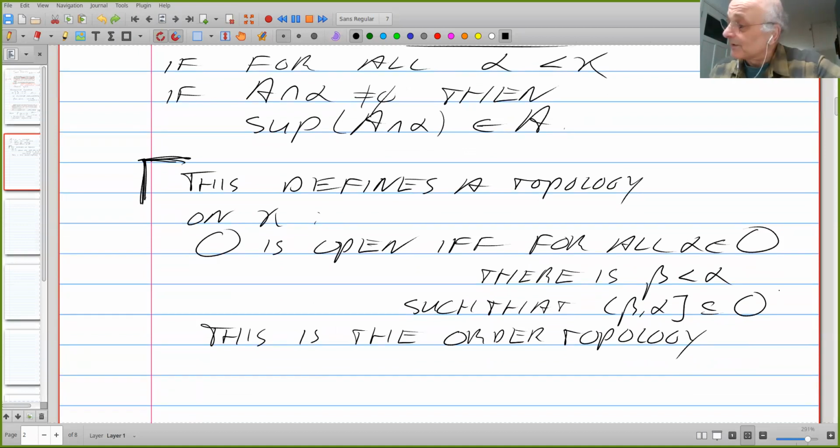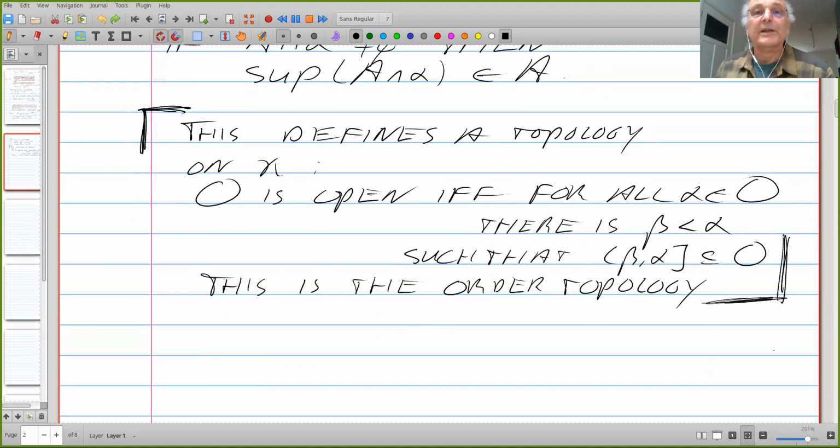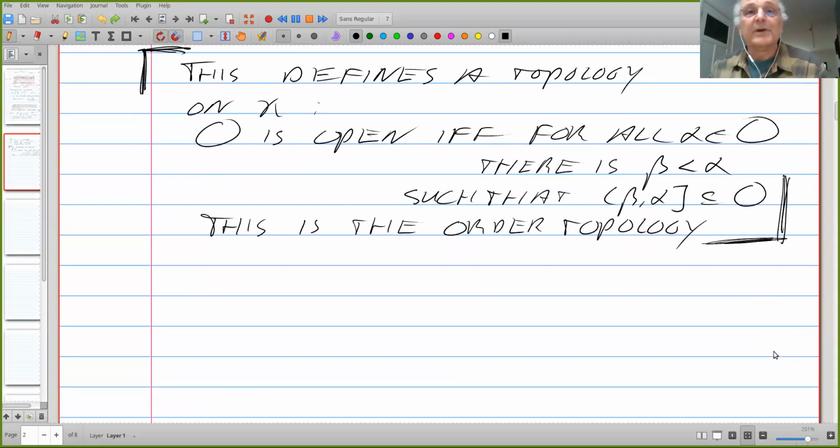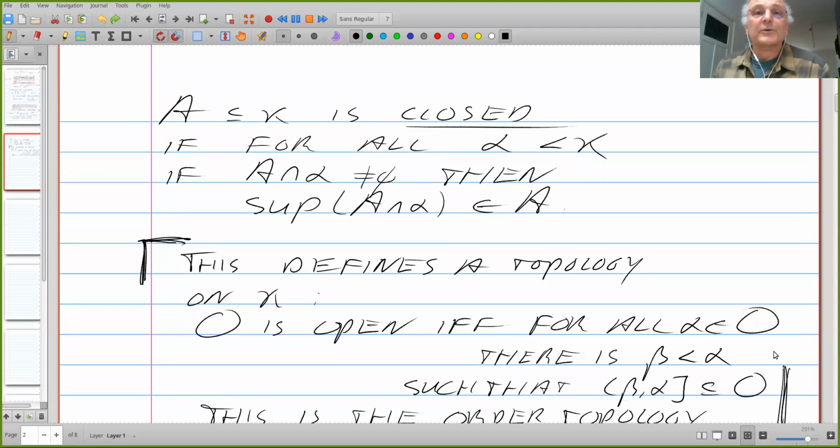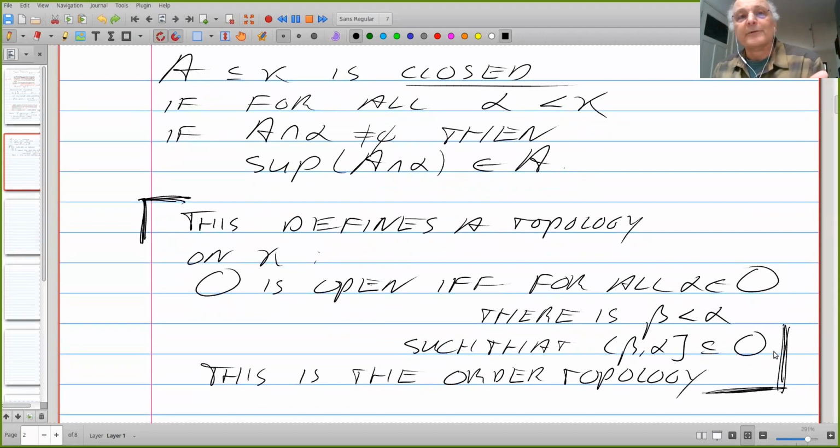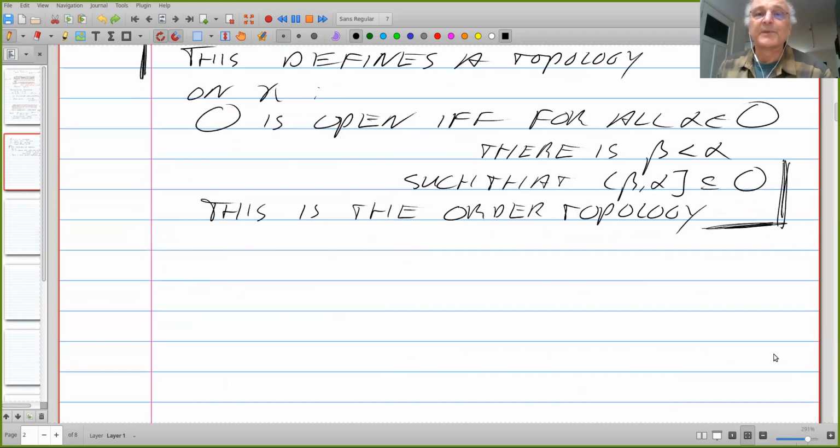So if you know about this, then life is just a tiny little bit easier for you. And if you didn't, don't worry, we're not going to use topological language anyway. But anyway, we know what closed is. Every supremum of every initial segment belongs to the set.